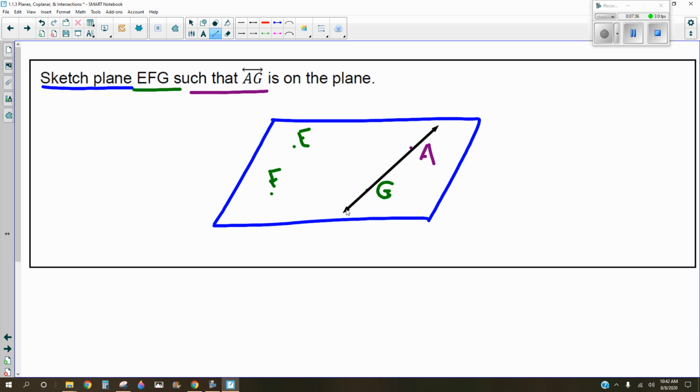And it is on my blue plane. Okay? So I've met all the criteria. I've done everything they ask. It says draw it on the plane, so that line is on the plane, right? It's not falling off anywhere. So I've done all those items. So again, break them into little pieces because these problems tend to throw a lot at you at once.